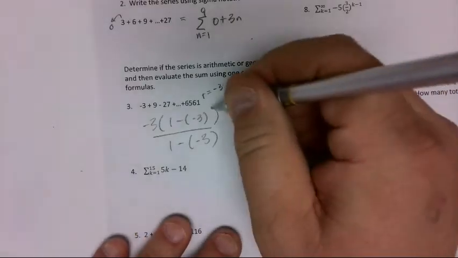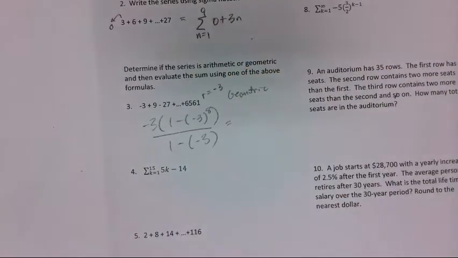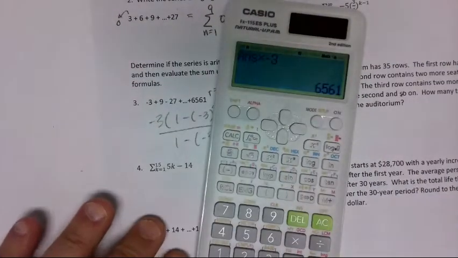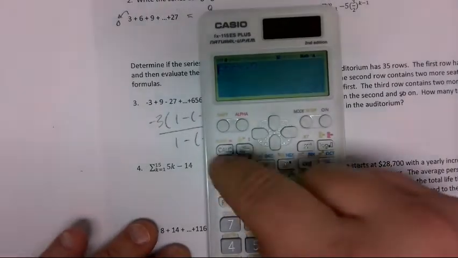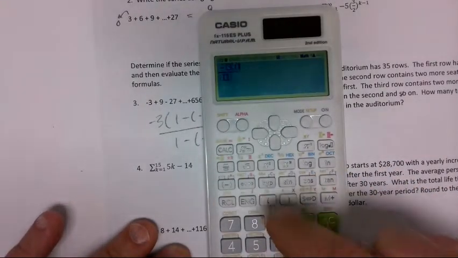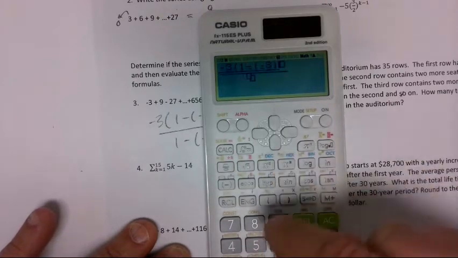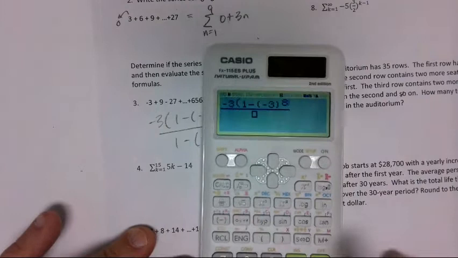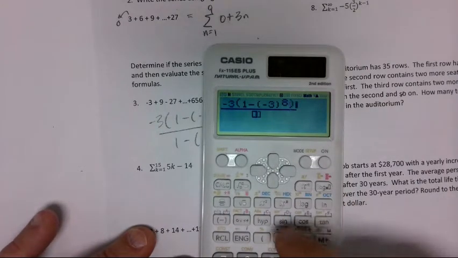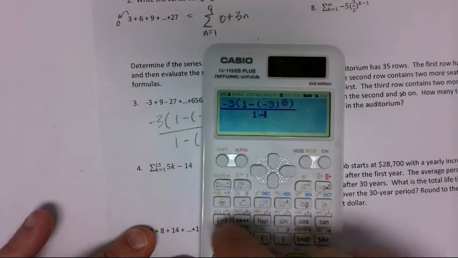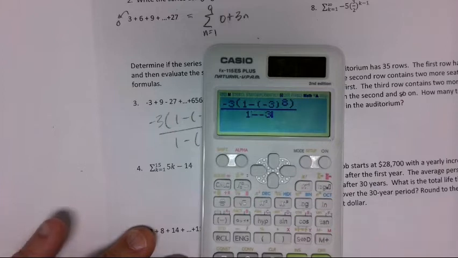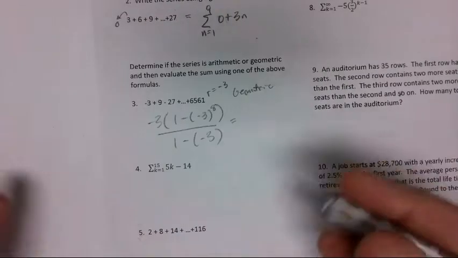So that's the eighth term up here. Now if I type that in my calculator just like it looks, parenthesis negative 3, 1 minus parenthesis negative 3 to the power of 8, and it is important that the parentheses are exactly where they are, all over 1 minus a negative 3, and I go equals 4,920.